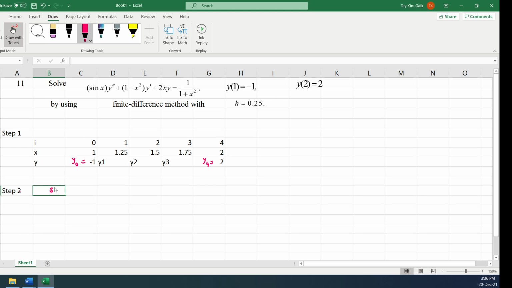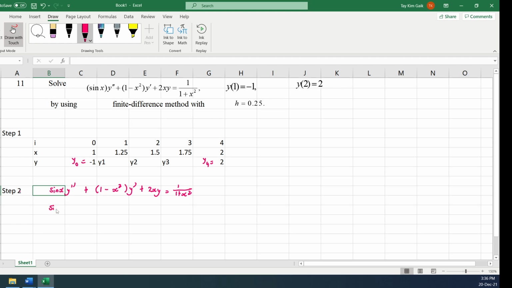sin x y double prime plus 1 minus x squared y prime plus 2xy equal to 1 over 1 plus x squared.